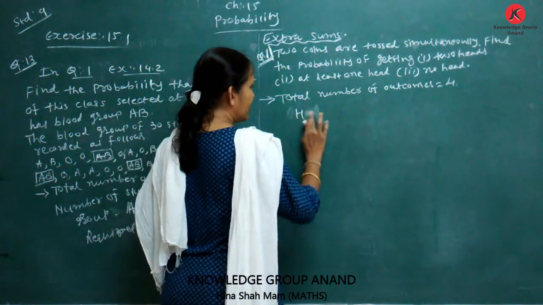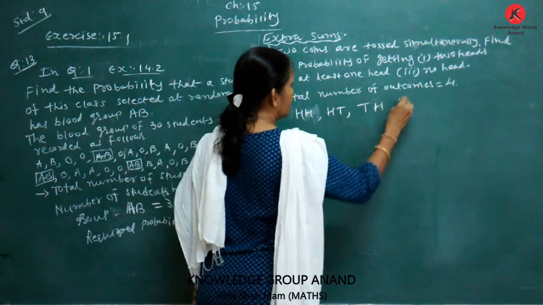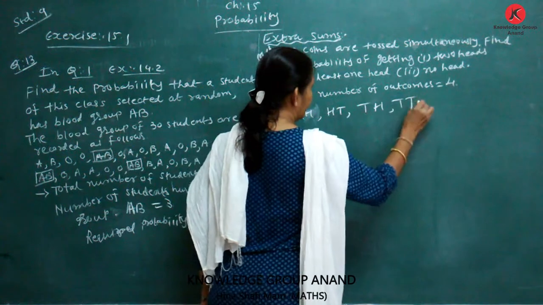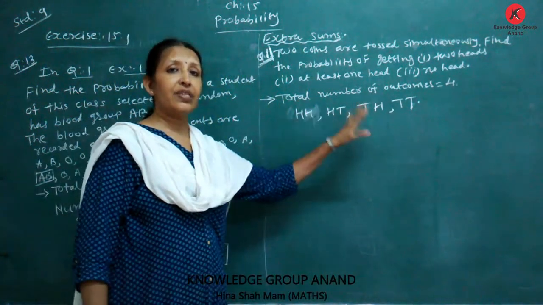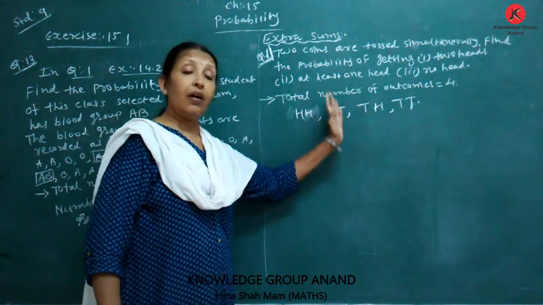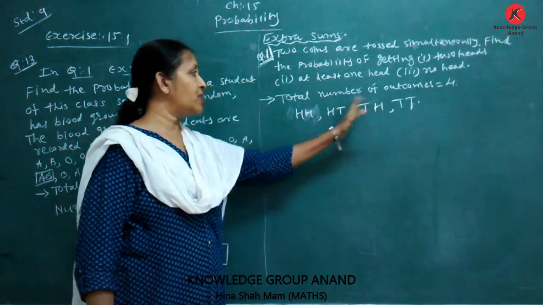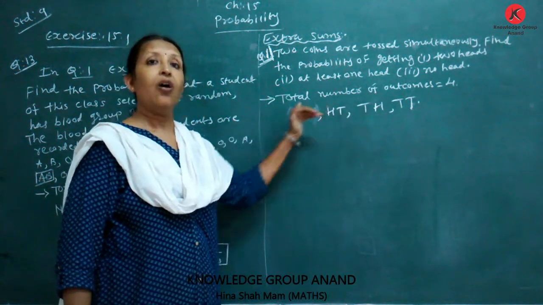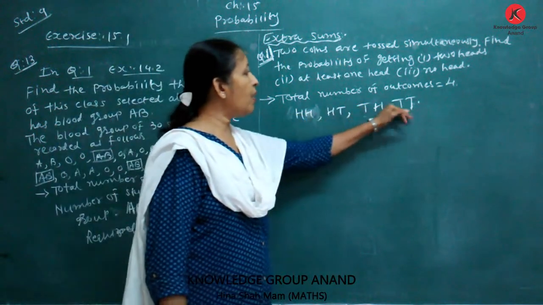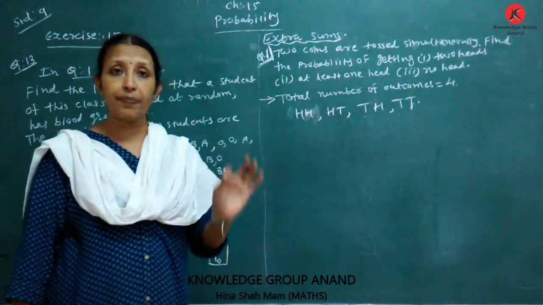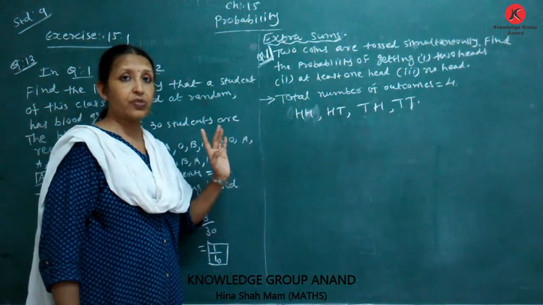On both sides T, or on one side H and on the other side T. On the first coin we get T and on the other we get H, then it makes TH, or on both sides HH. Therefore, total number of outcomes is equal to 4. Suppose we toss 2 coins simultaneously, then we get 4 total outcomes.